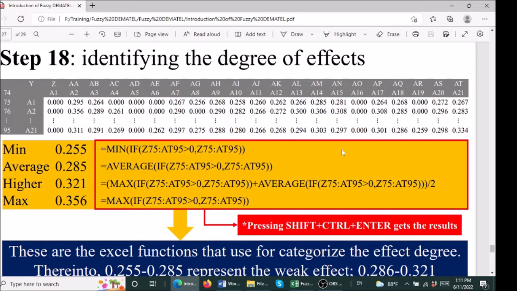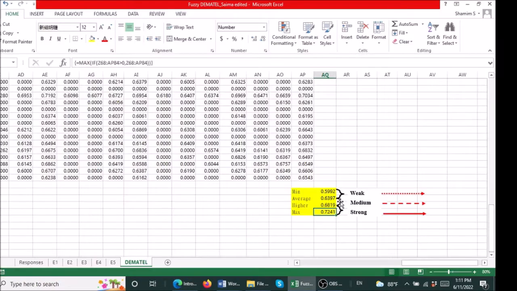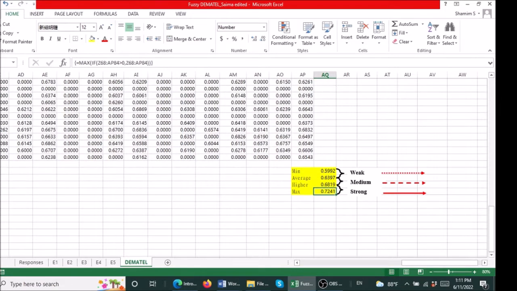Okay, so we have the understanding, for example, the value between 0.5992 and 0.6397 represent weak effect.